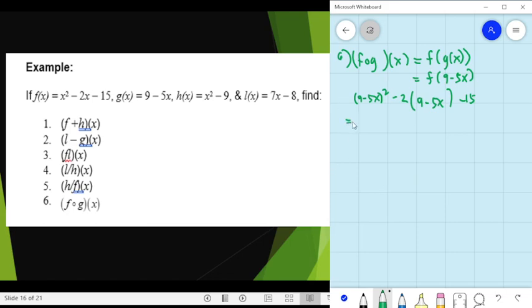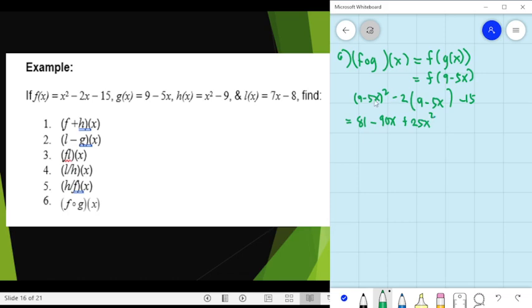Okay, so this will be equal to, using the special product formula to simplify this one, 9 times 9 is 81, minus 9 times 5 is 45, times 2 is negative 90x. Then the square of negative 5x is positive 25x squared.